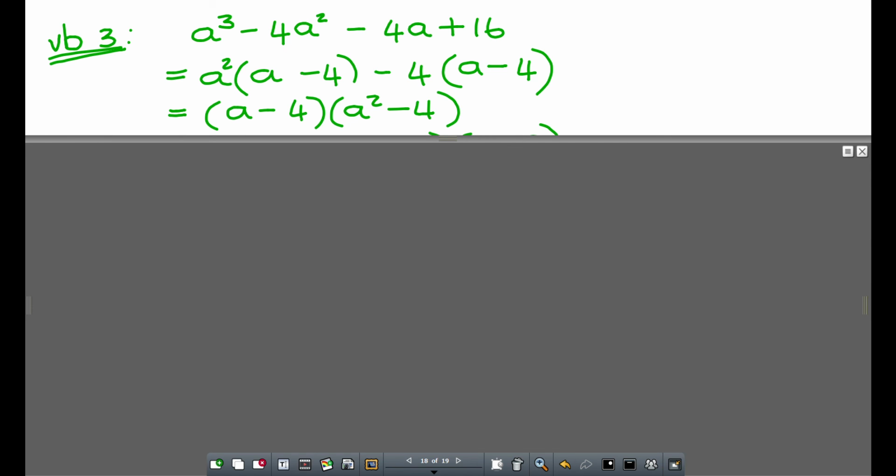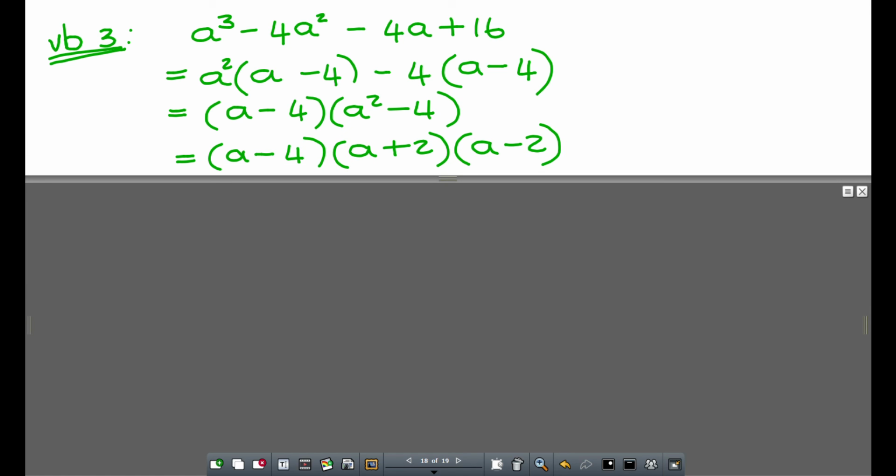That was in both terms. And what would be left? A squared minus 4. You stop there. Look at the last bracket. Can you see that is a difference of two squares again? So you had to go further and say that can be factorized as a plus 2, a minus 2. You guys good? Good.